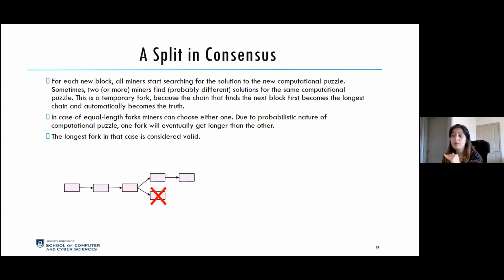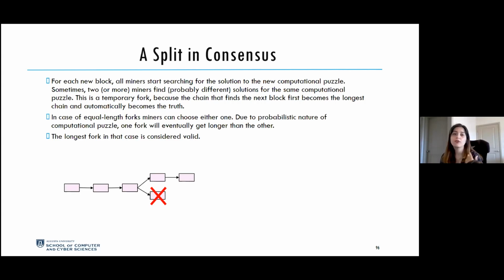So the block that was added in the lower path will be eliminated. Nobody will follow that fork anymore. And as you know, we talked about it, the miner will get its coinbase reward after 100 confirmations. So the miner who added the lower block will never get rewarded, and he was just unlucky. And this is how it works.